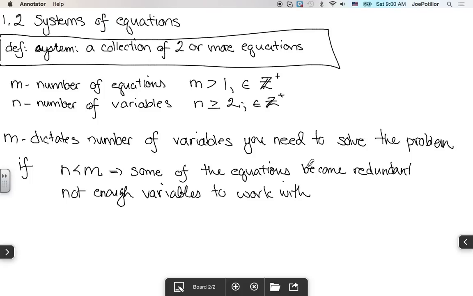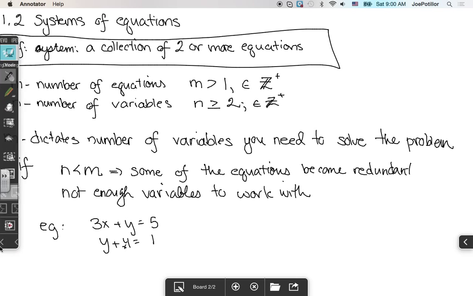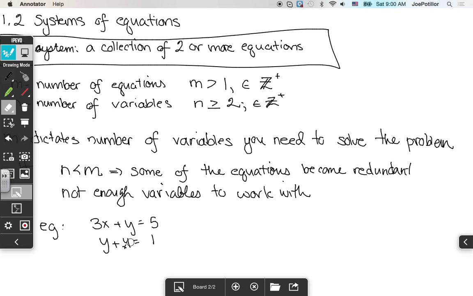So an example of that would be something like this. Let's say I have like this.